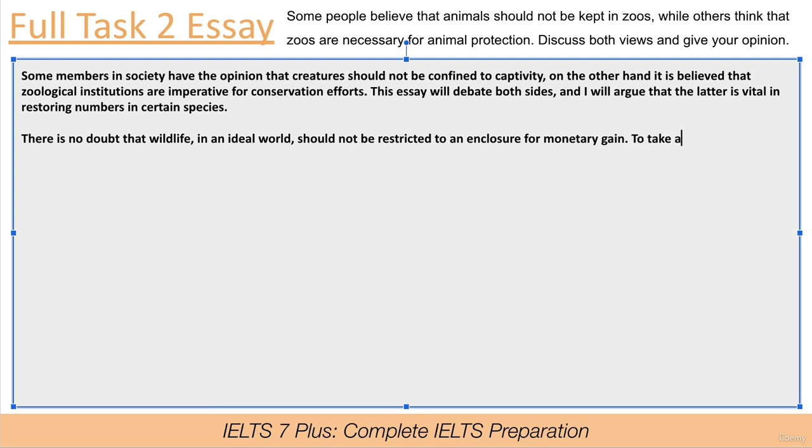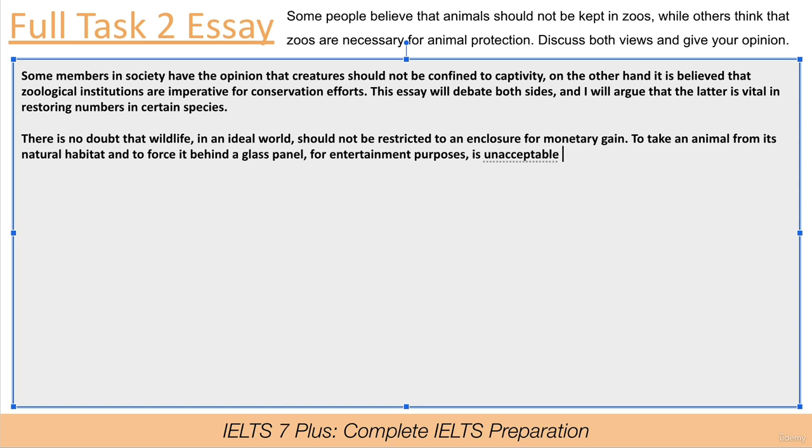To take an animal from its natural habitat and to force it behind a glass panel for entertainment purposes is unacceptable in today's modern society.